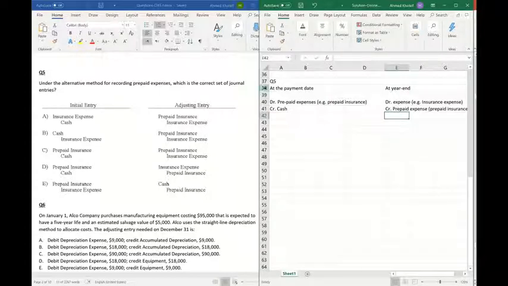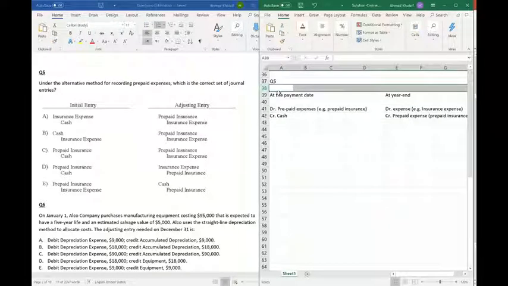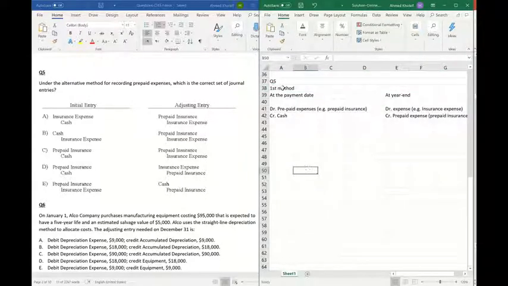So this is the first method, the one that we already used so far.